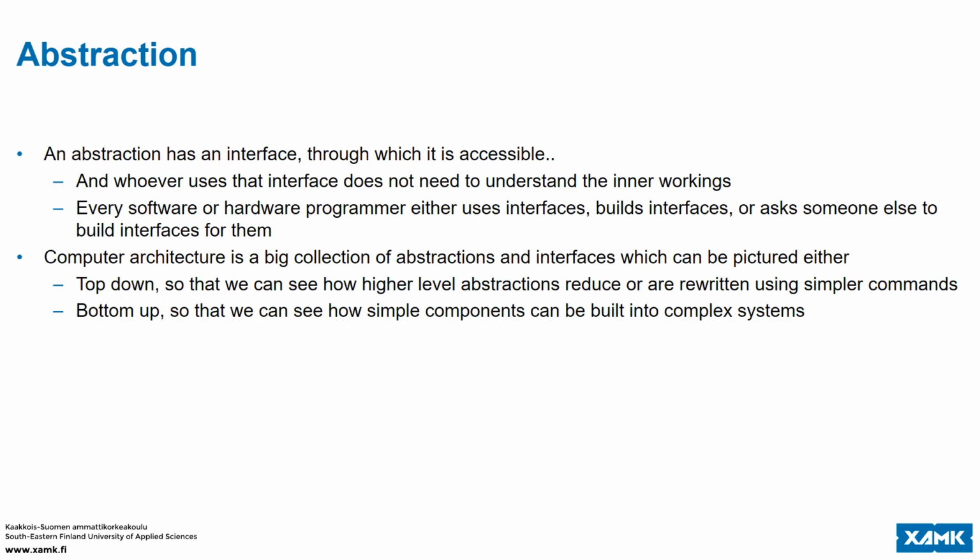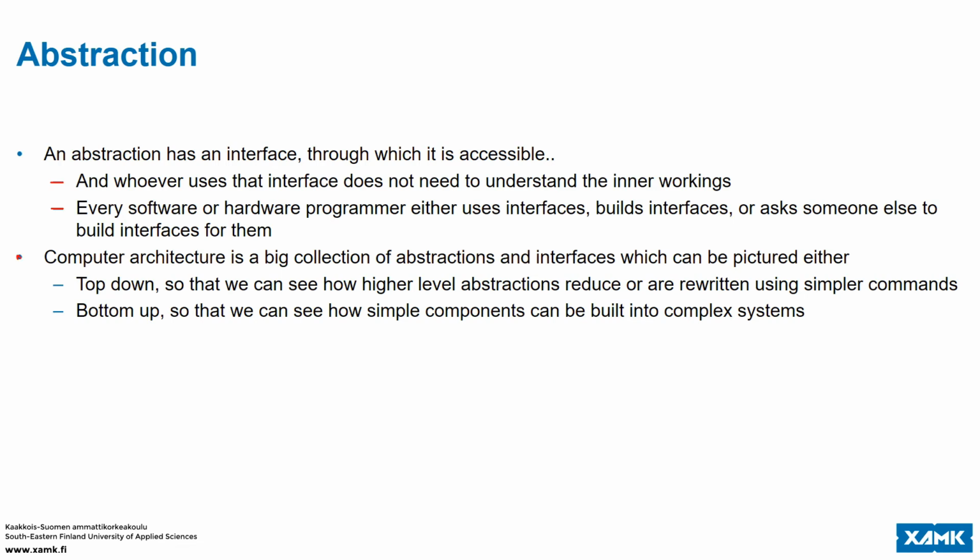An abstraction has an interface which makes it accessible. So the idea with an abstraction is when we use something that is pre-built, such as a software module or a computing device, whoever is using it uses only this interface, and we do not need to understand the inner workings. Basically, when working with software, all programmers either use interfaces or build interfaces or ask someone else to build them for them.